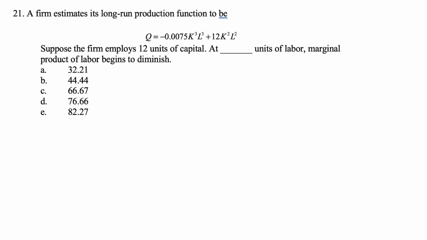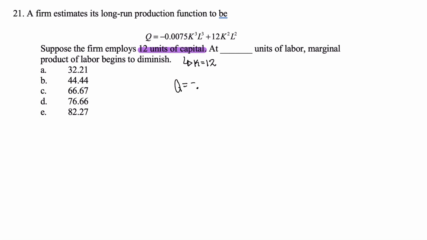21 says, suppose the firm employs 12 units of capital. This is telling us that K is going to be equal to 12. At how many units of labor will marginal product of labor begin to diminish? So we're first going to substitute 12 into our original equation.